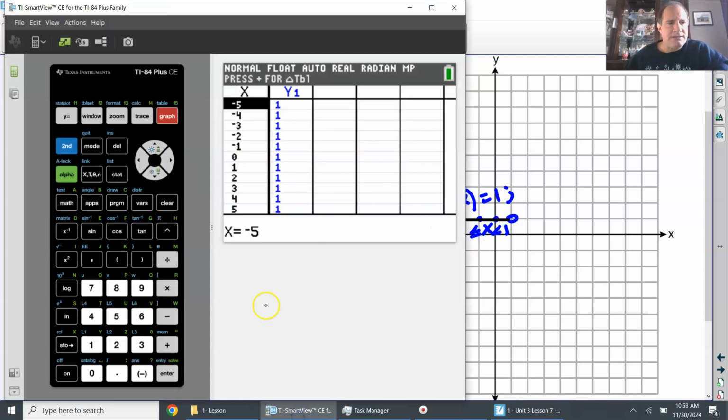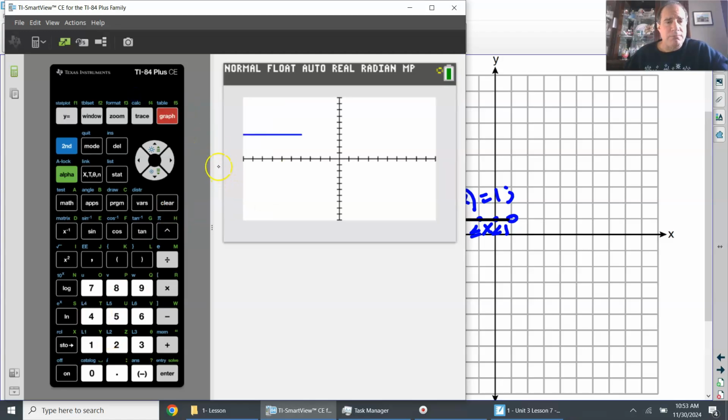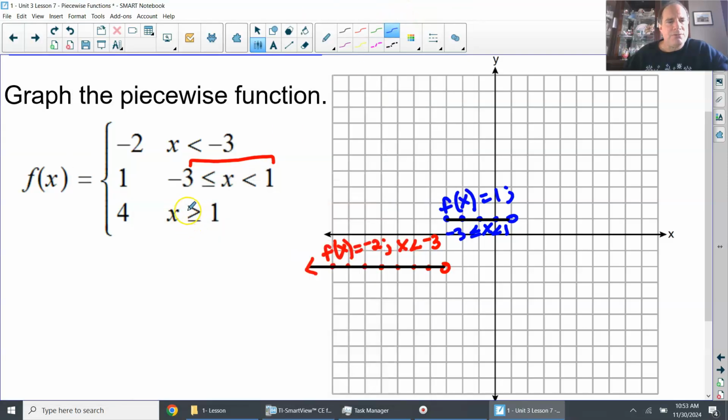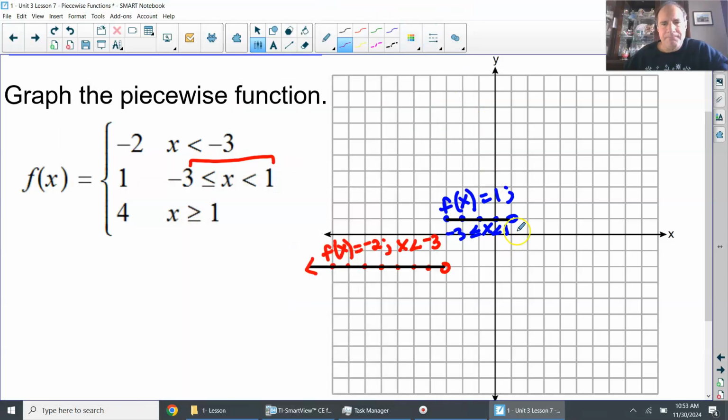And then the last one is f of x equals 4. That's a horizontal line as well. And you press second function graph for the table. I did it too soon. And we have to graph it at x is greater than or equal to 1. So greater than or equal to 1, 1 is the first point. So (1, 4), (2, 4), (3, 4), (4, 4). (1, 4) is a closed circle. And then we just go along like this.